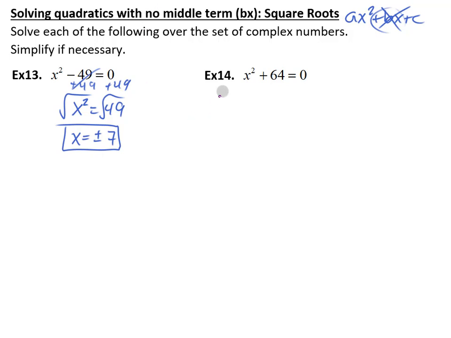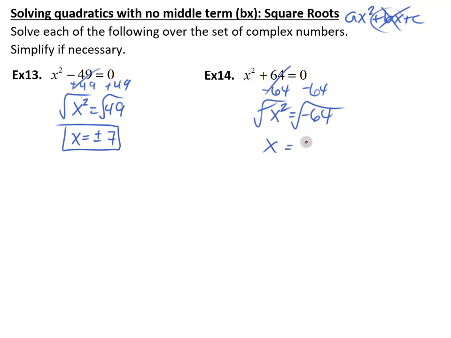Okay, our second example here, x squared plus 64. Once again, there's no x to the first power, so we should be able to isolate x squared, get x squared by itself. We'll subtract over our 64, and then square root both sides. Okay, those will cancel each other out. Ooh, this time, though, we have a negative number in our square root.